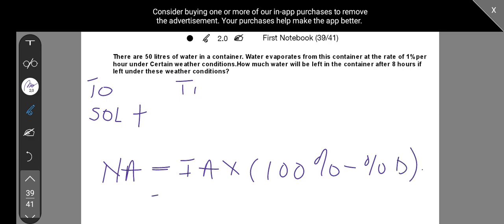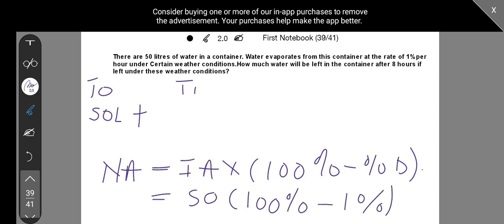The initial amount is 50 multiplied by 100% minus 1%, and that is 50 multiplied by 99%. So after the first hour, we have 50 multiplied by 99%.